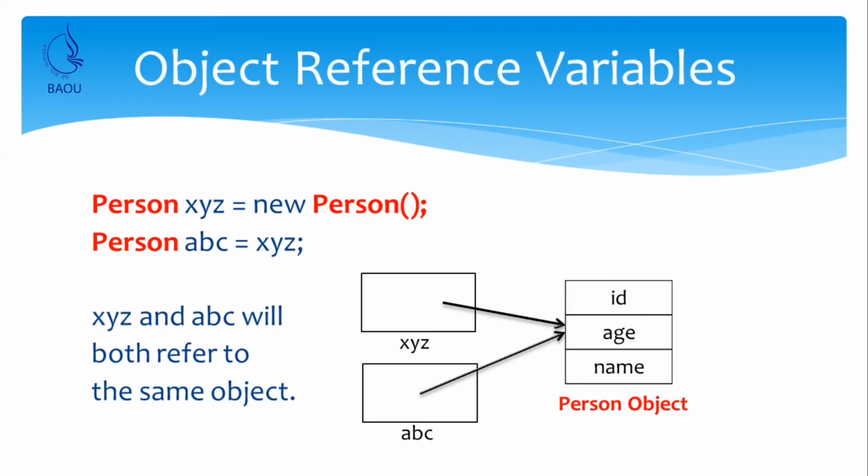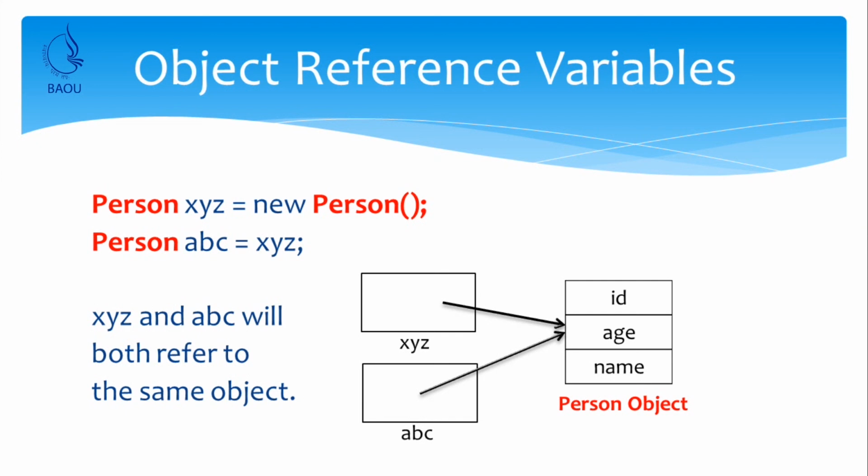The next is object reference variable. For example, if I declare xyz as a person object and then in second line I write person abc is equal to xyz. Now, what will happen in case of ordinary variables? Separate memory is allocated for xyz and abc and the value of xyz is stored inside abc, but this is not the case with objects.